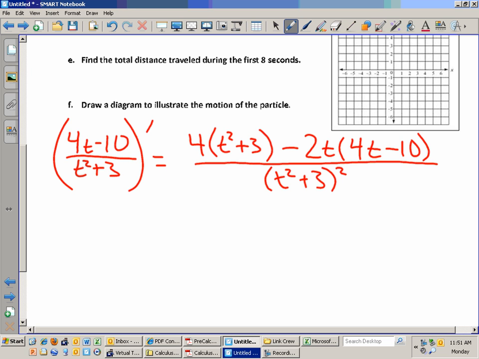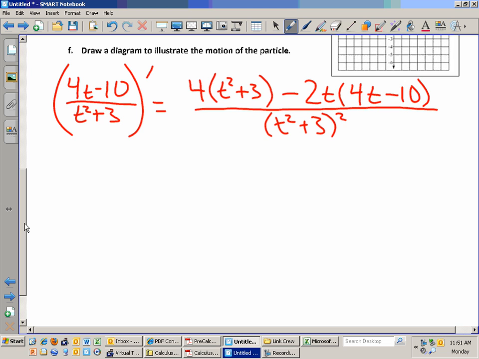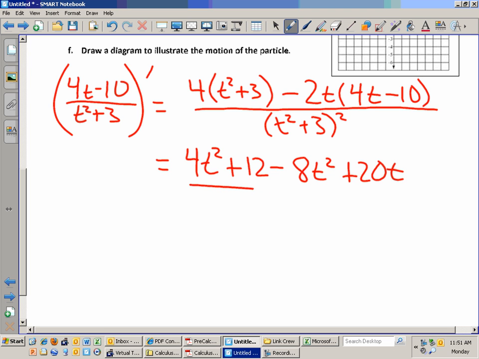Okay, well, I don't think we need to try to reduce it necessarily, but let's at least try to make this a little bit more workable. Let's try to combine like terms on the top. Can we at least do that? Okay, so we get 4t squared plus 12 minus 8t squared plus 20t all over t squared plus 3 quantity squared, equals, what do I get when I combine like terms?